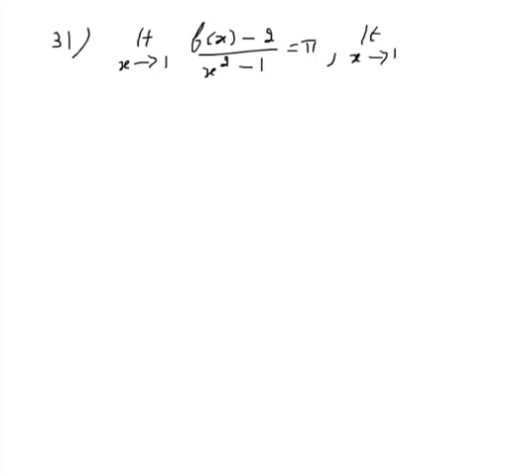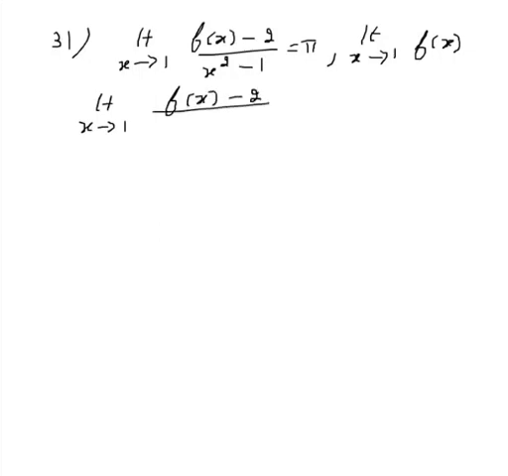Question 31. If the function f of x satisfies the limit as x tends to 1 of f of x minus 2 divided by x square minus 1 is equal to pi, evaluate the limit as x tends to 1 of f of x. We have two methods to do this question. One is we can take the limit of the denominator to the other side, or let us factorize the denominator.